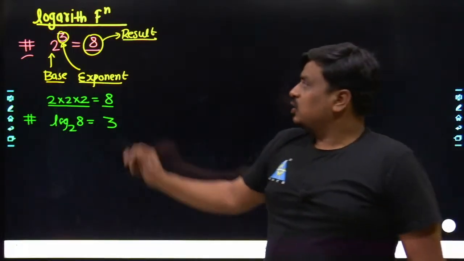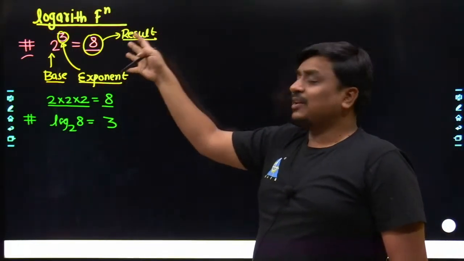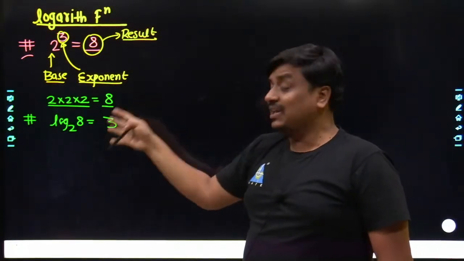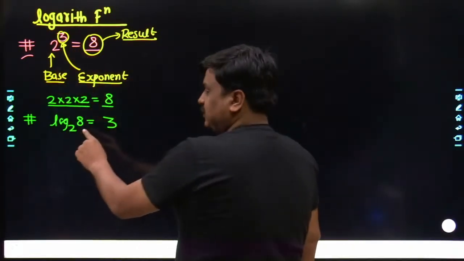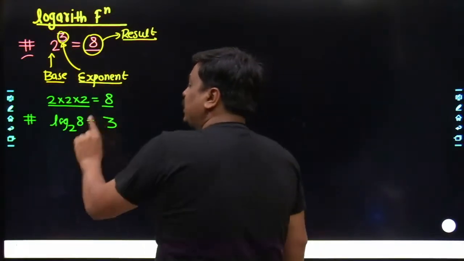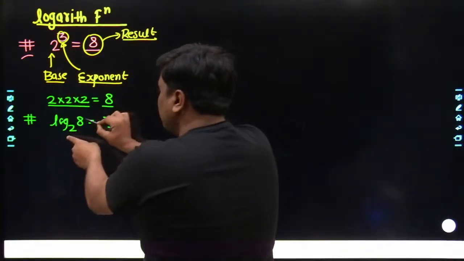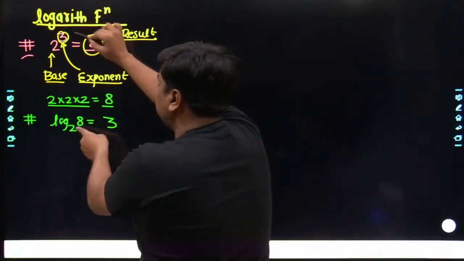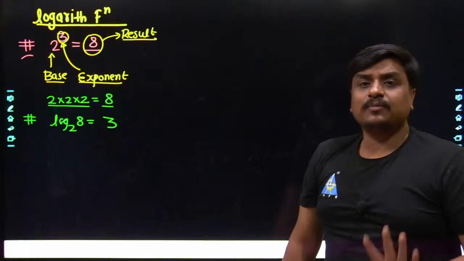Earlier we had 2 to the power of 3 equals 8, and if you want to convert this exponent form into the logarithmic form, what happens? The base remains the base. Earlier it was the base of the exponent, now it is the base of the logarithmic function. The result comes along with the log, and the exponent becomes the result now. Could you understand what I am saying?